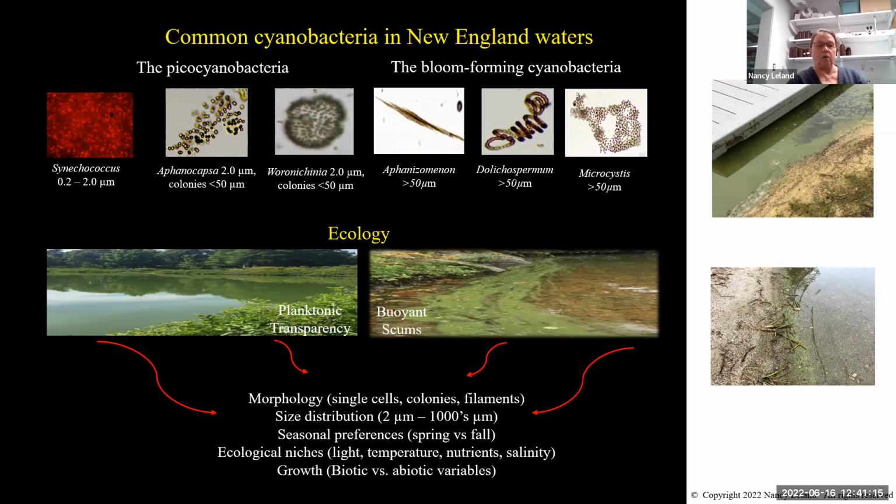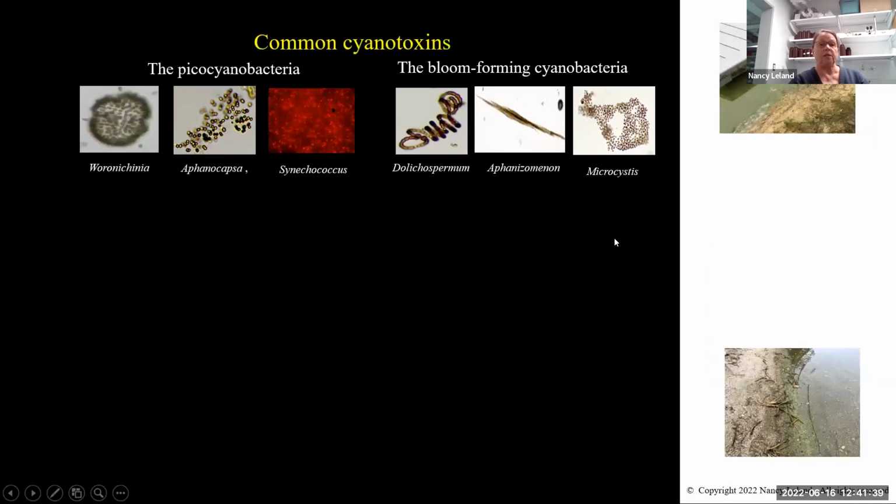So as you're working with different types of environments that are subject to different light regimens, temperature profiles, nutrient concentrations, and salinity as well, you will tend to find different types of populations of cyanobacteria. And their growth habits are very different from each other as well. So these are the things that we think about when we're working with the cyanobacterial populations.